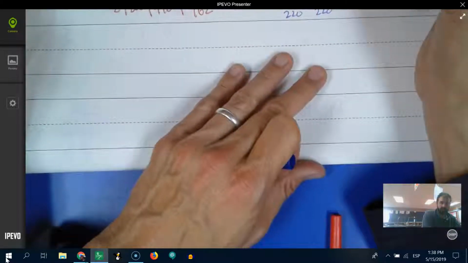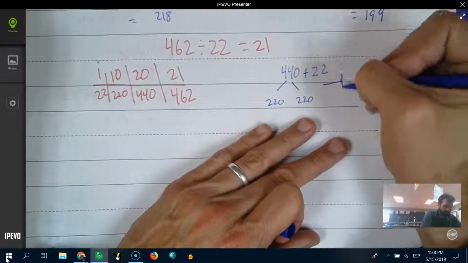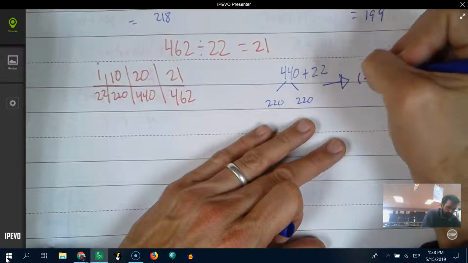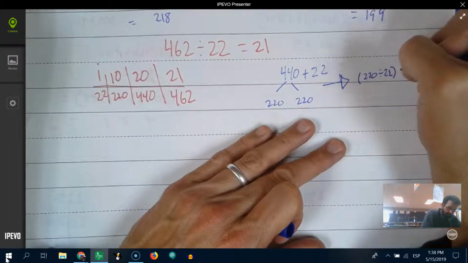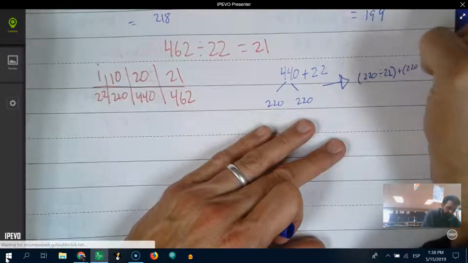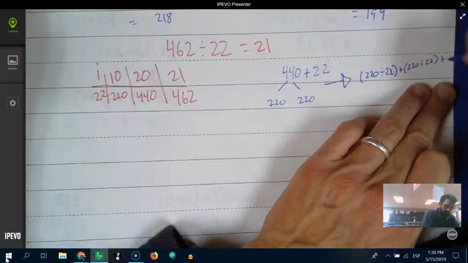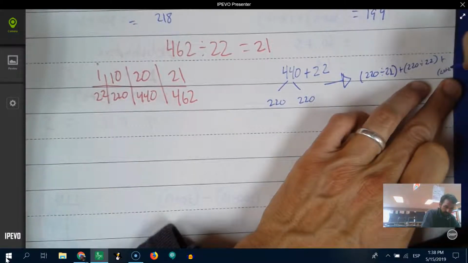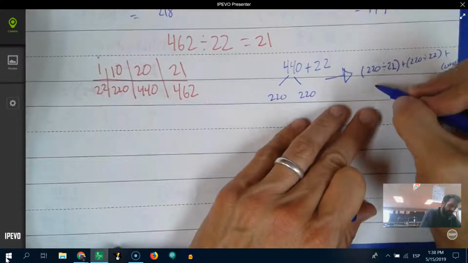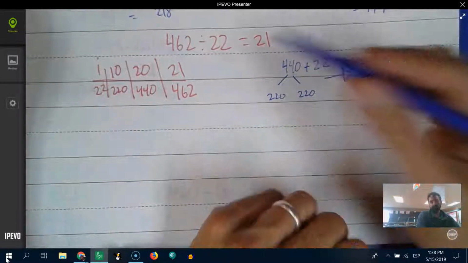And you could have changed the problem to 220 divided by 22 plus 220 divided by 22 plus 22 divided by 22. Oh, so then you would get 10 plus 10 plus 1, or 21, just like that one.